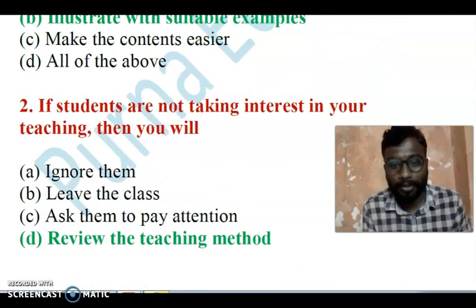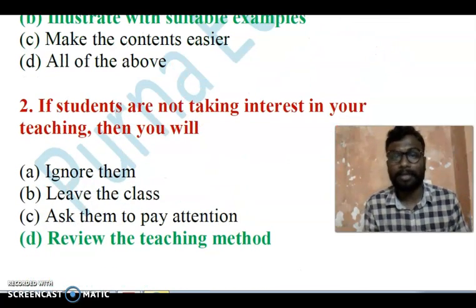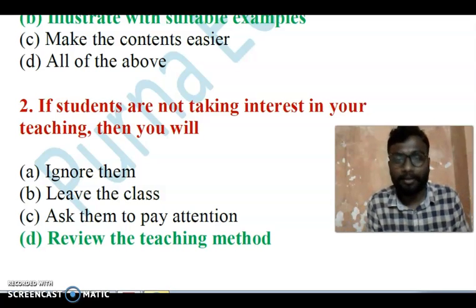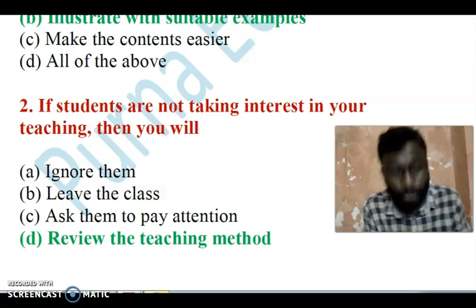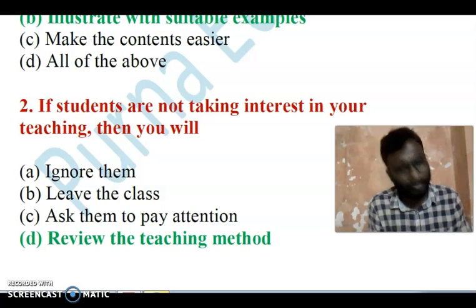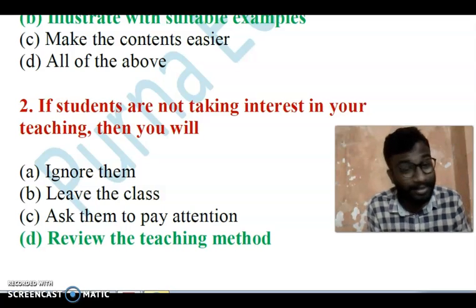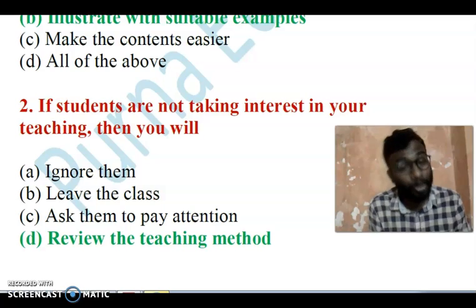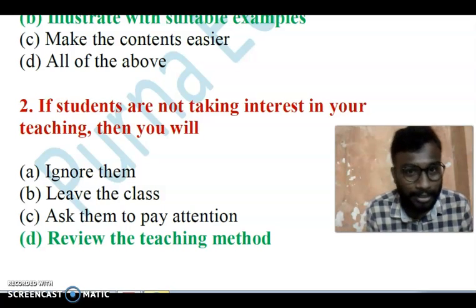If the students are not taking any interest in your teaching, what should you as a teacher do? We should not ignore them, or leave the class, or ask them to pay attention. Attention will not be created if we ask them to pay attention.